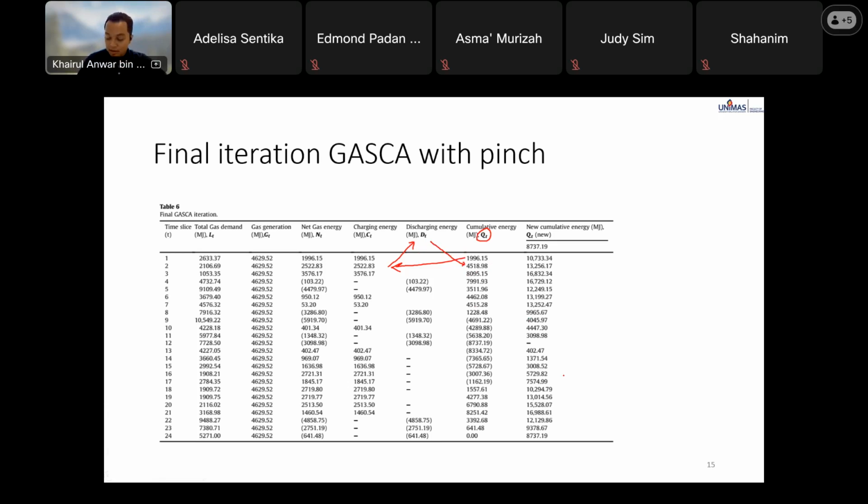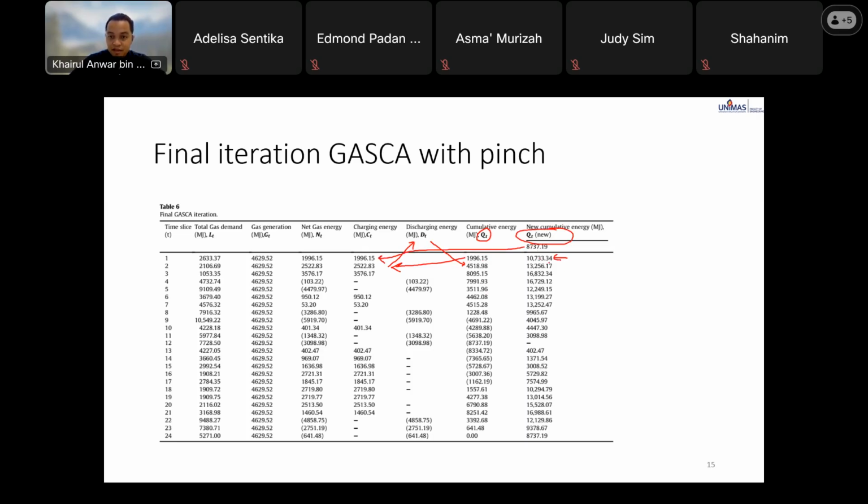So 106.15 plus 2552.83, so you get 4518.98. So for this QT new here, it's actually 737 plus 19915. Not 199 this one. It should be plus this number. Then you get this number.